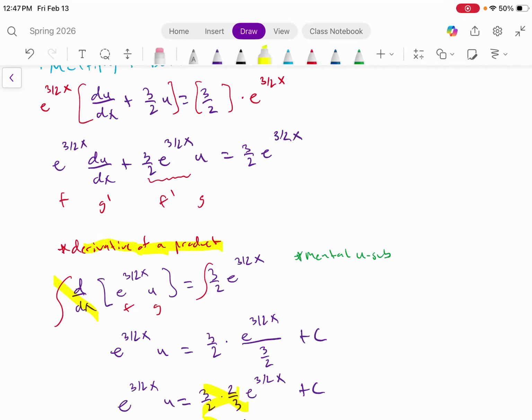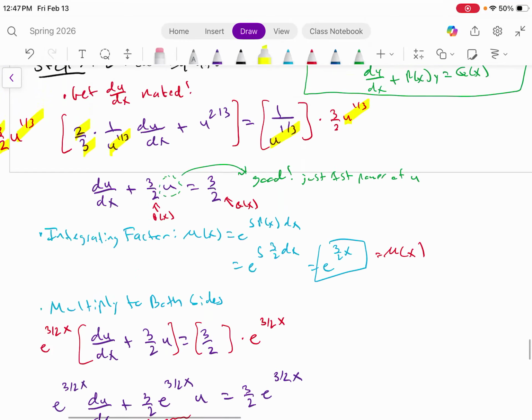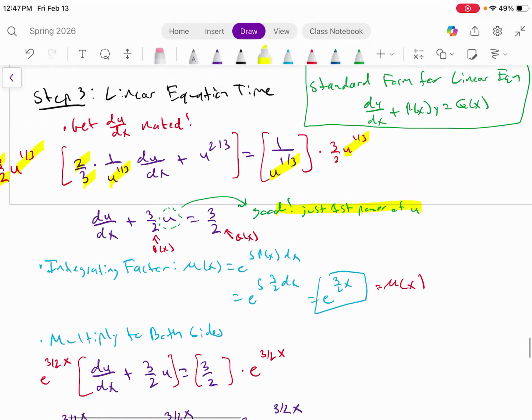Okay, that's a good key. And that you are getting just a power of u to the first power before you start into integrating factor and so on and so forth. So keep a lookout for those. Those just tell you you're doing it correctly.